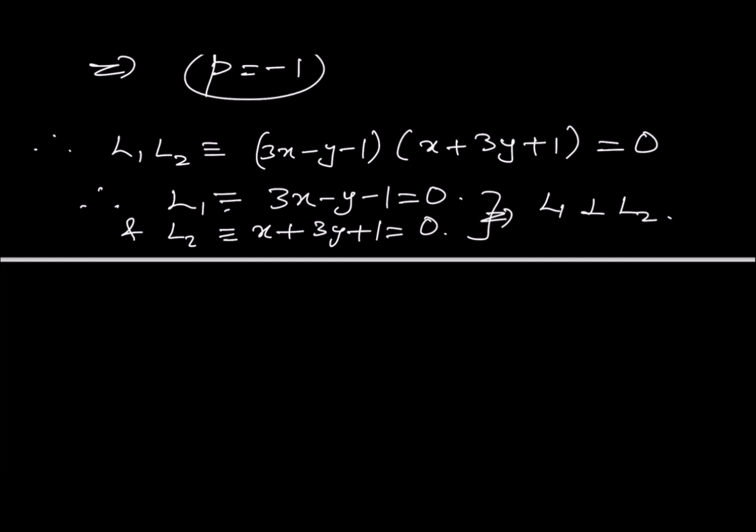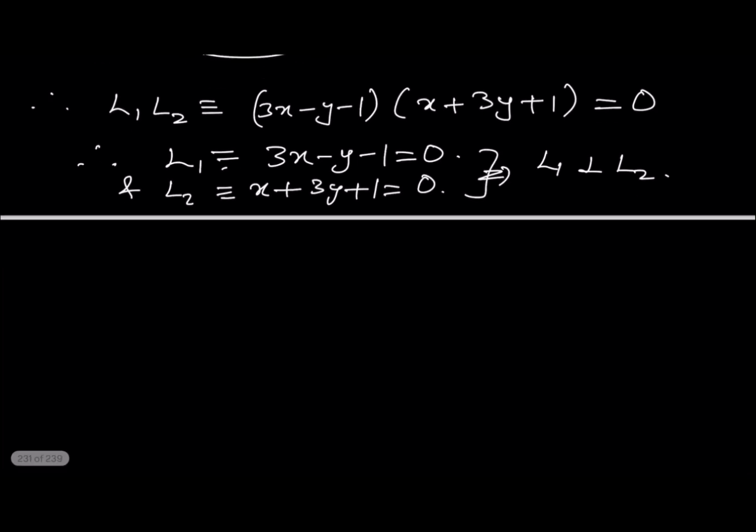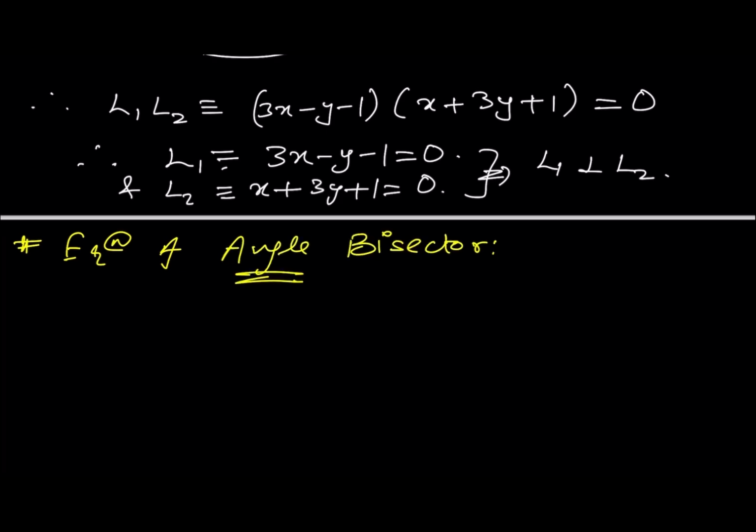Okay, now come to the next topic, which is equation of angle bisector. Now we are going to find the equation of angle bisector for a pair which is passing through origin, right?